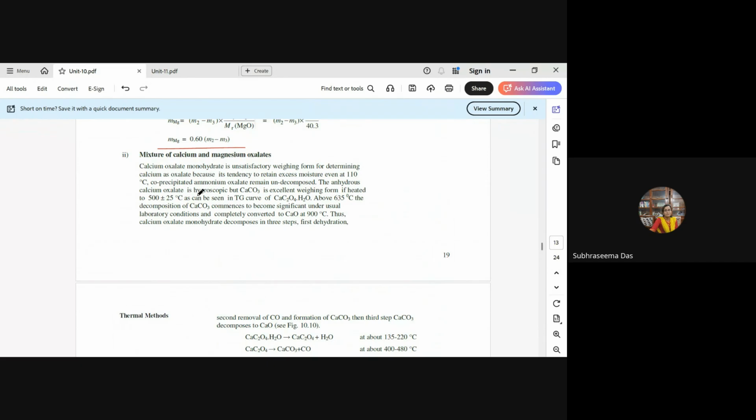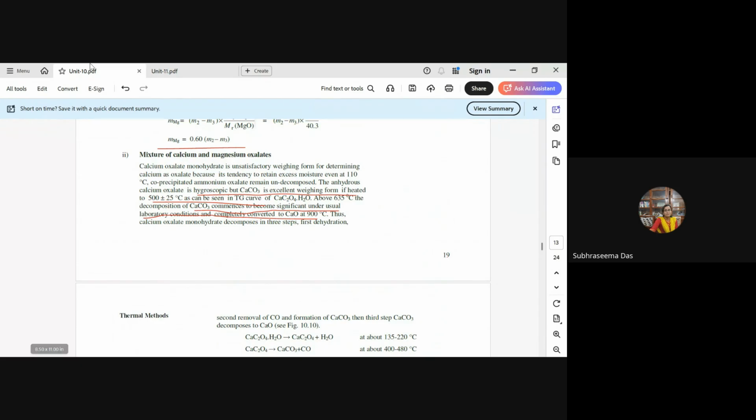Anhydrous calcium oxalate is hygroscopic, but calcium carbonate is an excellent weighing form if heated to 500 degrees centigrade. Above 635 degrees centigrade, the decomposition of calcium carbonate starts to become significant under usual laboratory conditions, and it is completely converted to calcium oxide at 900 degrees centigrade.